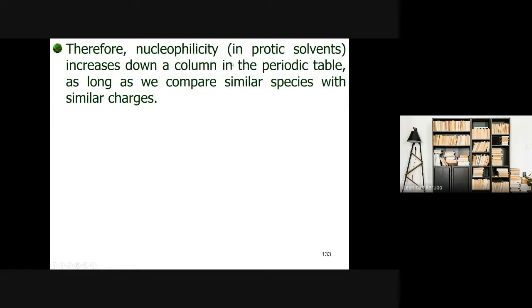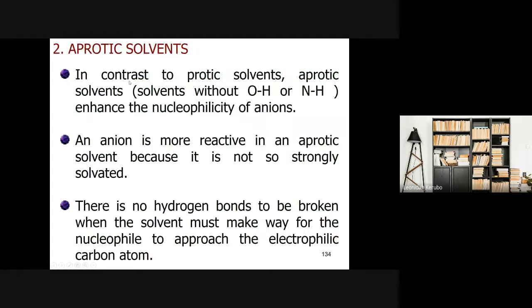Therefore, nucleophilicity in protic solvents increases down a column in the periodic table, as long as we compare similar species with similar charges. So nucleophilicity increases down the column in the periodic table in protic solvents.